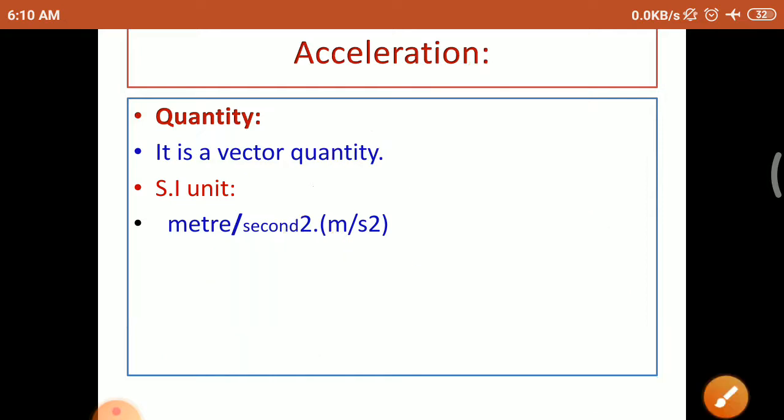So the unit of acceleration is meter per second squared. How do we get it? Because acceleration equals change in velocity by time. The unit of velocity is meter per second, the time is second, so when the time comes up, meter per second squared.